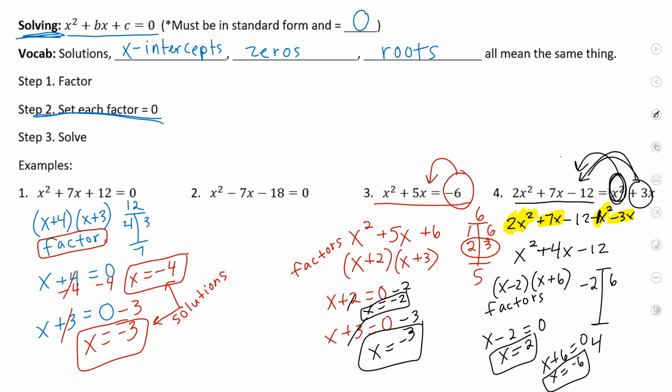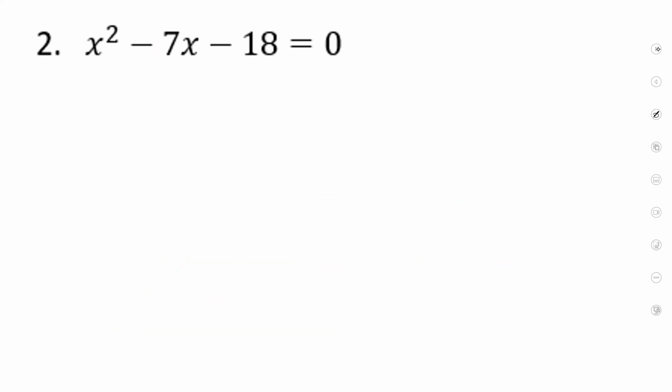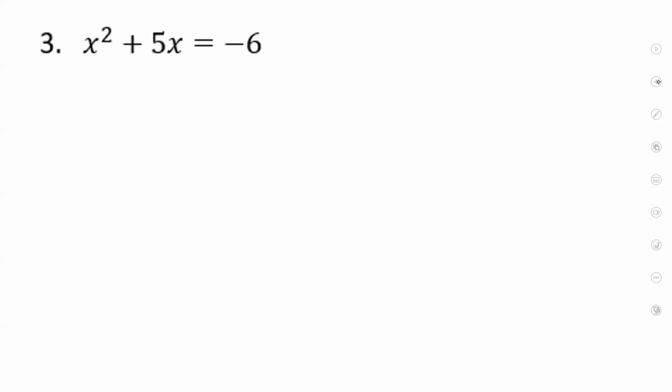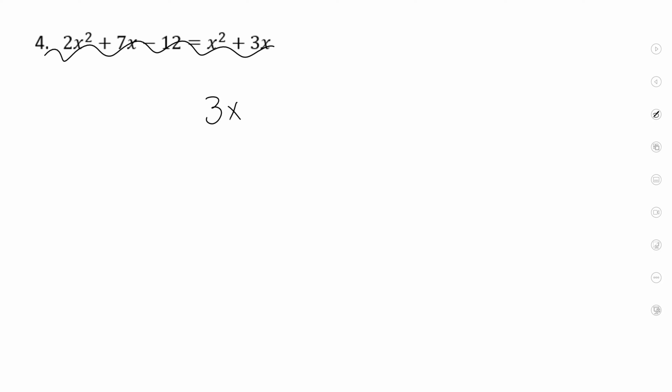I'm going to do one last example, okay? One last example, and then I'm done. I'm not going to do this one. We just did that. What if I have 3x squared plus 12x plus 18?